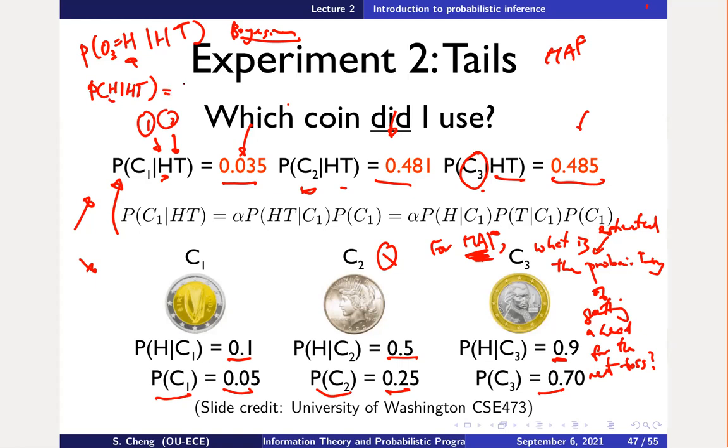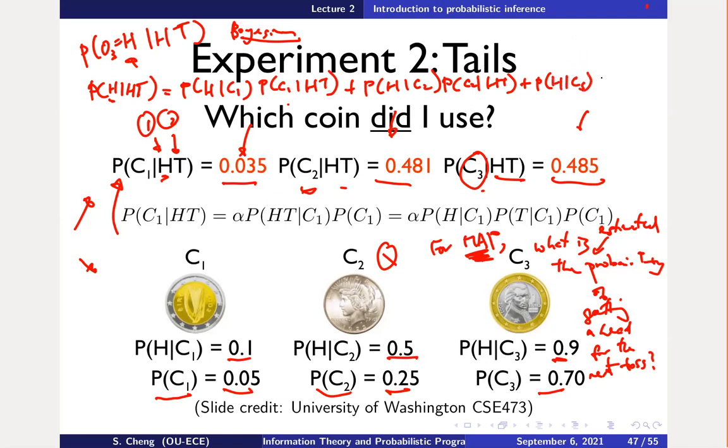It would be the probability of head given the coin is C1, times the probability of C1 given HT, plus the probability of head given C2, times the probability of C2 given HT, plus the probability of head given C3, times the probability of C3 given head and tail.